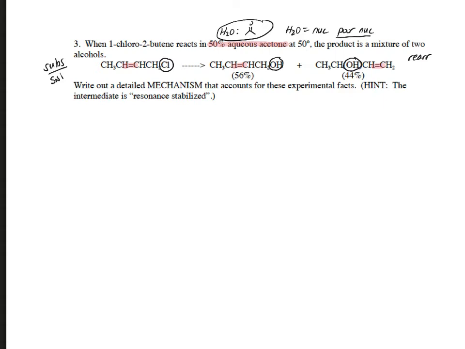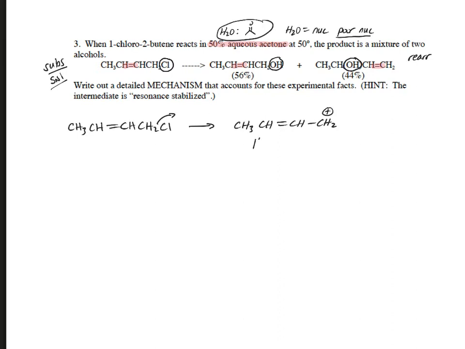So let's go ahead and do that. We have CH3 and a CH double bond CH, CH2Cl. Since it's SN1, the first step is you lose the leaving group, so chlorine leaves. And that's going to give me a carbocation, so a CH2 plus.